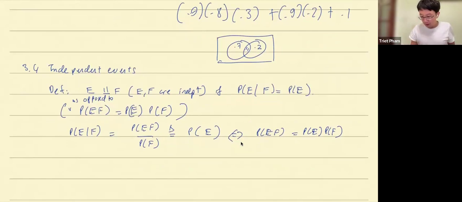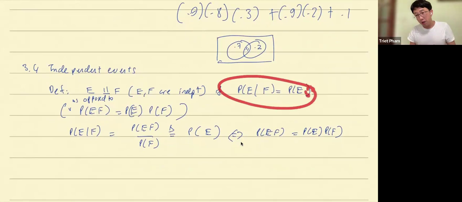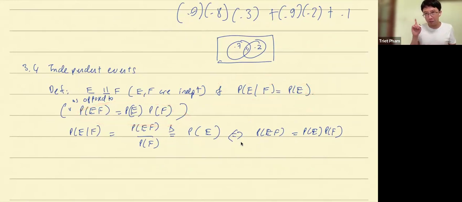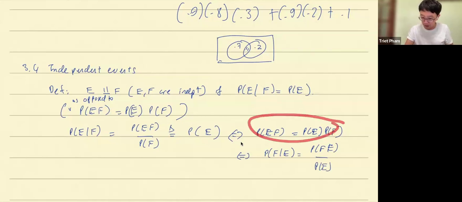And last but not least, notice that if I use my definition, then it lacks symmetry in some way, because E given F is not the same as F given E. This, if you use it as the definition, has symmetry, meaning that E independent of F is a symmetric relation: E independent of F is F independent of E. But you can also take one more step to show that this is the same as P of F given E is P of FE over P of E, and because this is a product, all right.